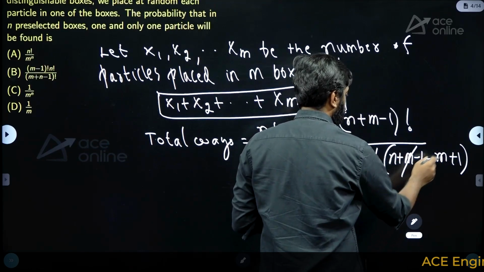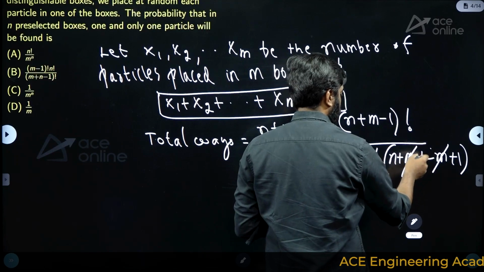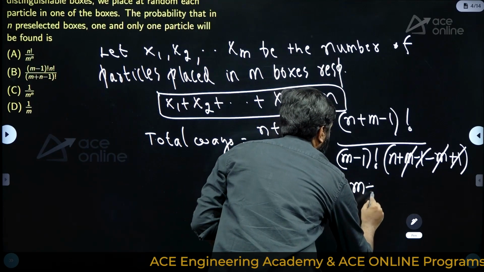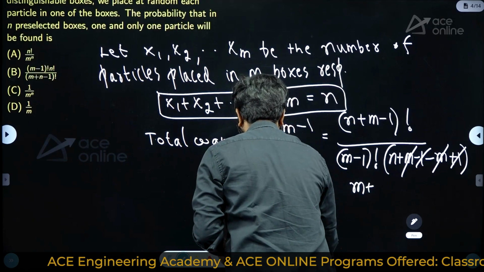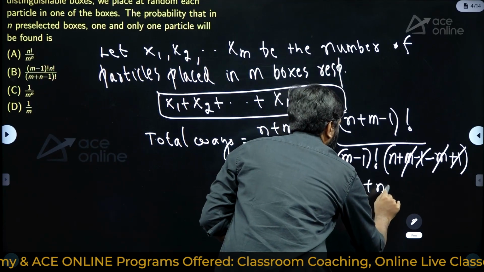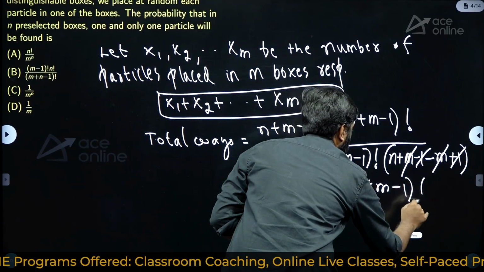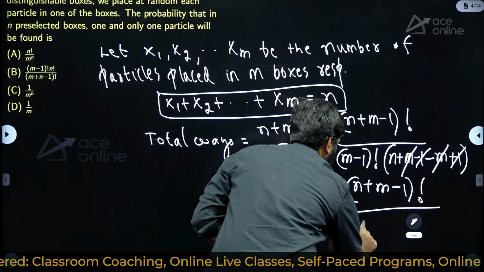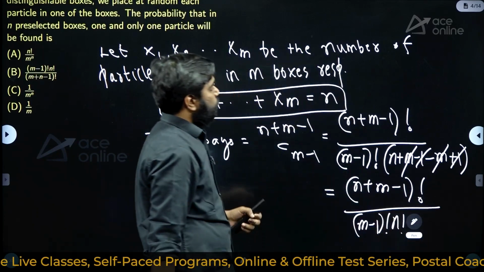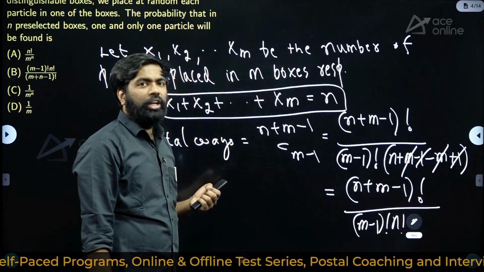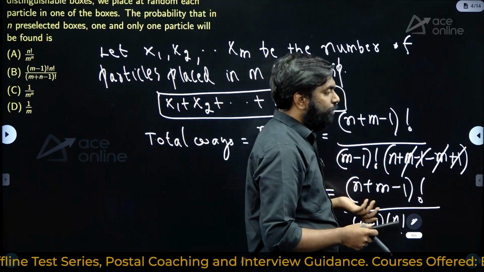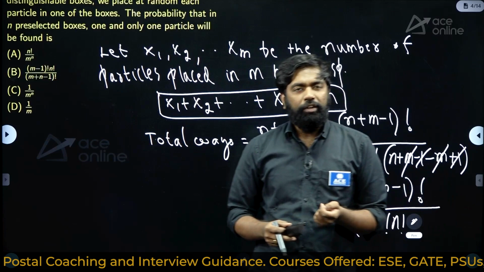Any cancellation? Yes, they get cancelled. So what is left is (n plus m minus 1) factorial divided by (m minus 1) factorial into n factorial. This is the total number of ways of placing those n indistinguishable objects into those m different boxes.